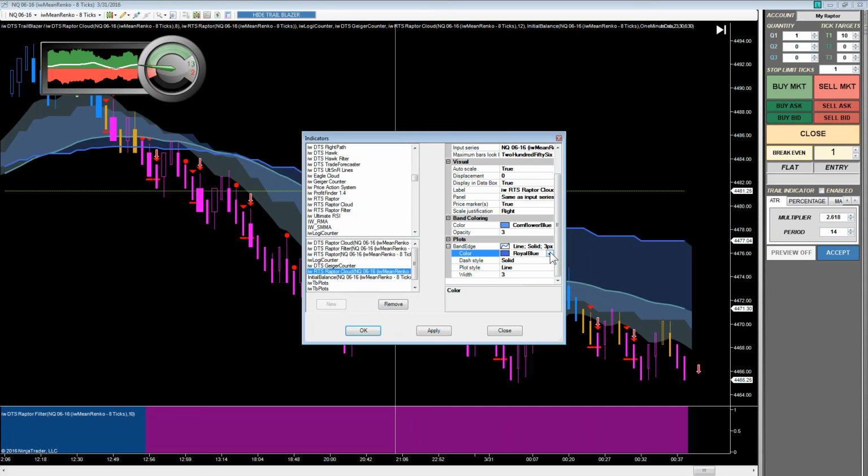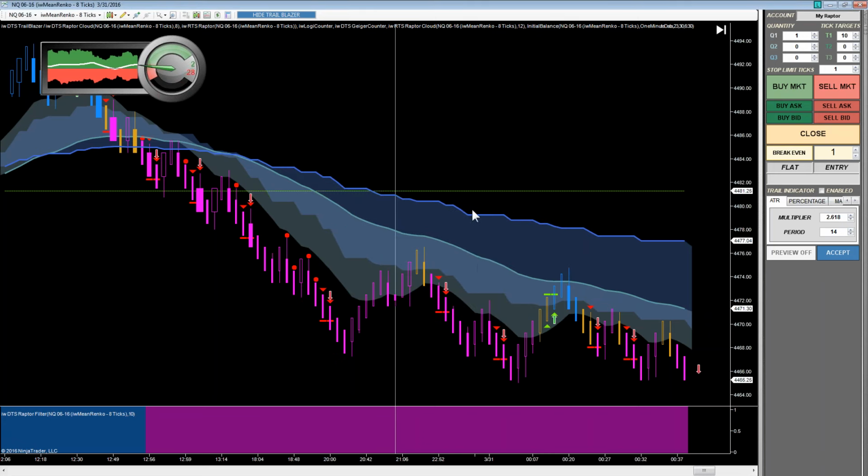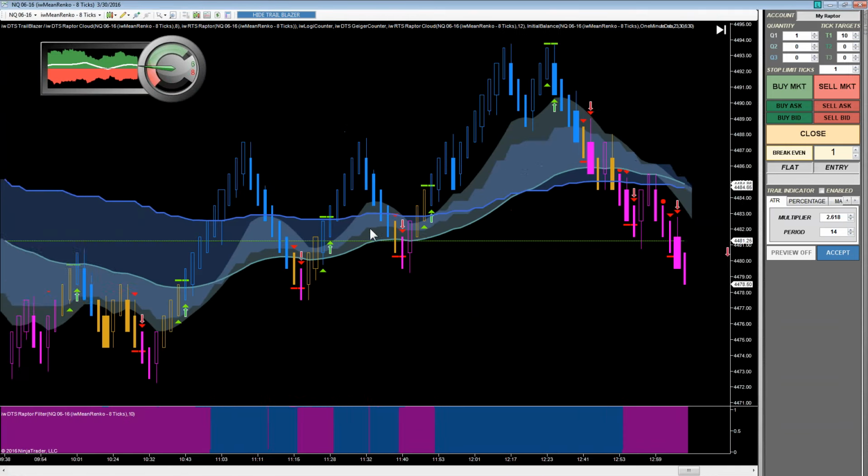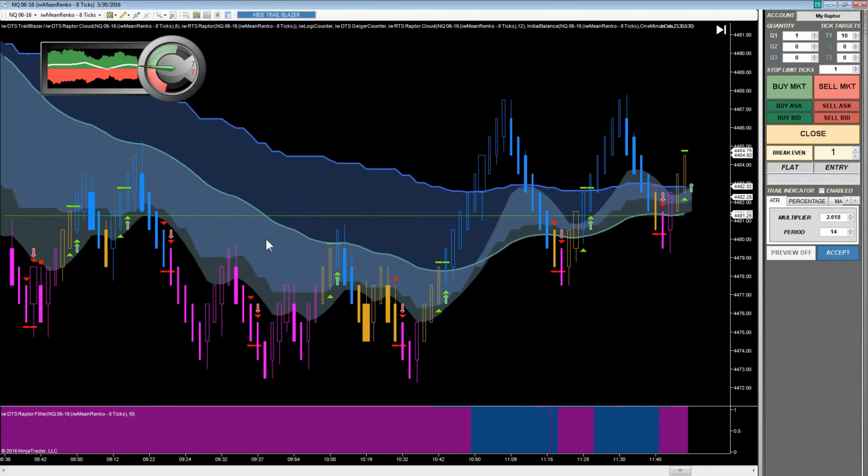Once that is done, you can click apply and OK, and voila, you will have two bands. Ricardo is one of our Raptor traders. This was his idea because he found that sometimes the market would come up short encountering the hard edge and yet produce decent signals. So he incorporated running dual bands, and it seems to have worked out very well.